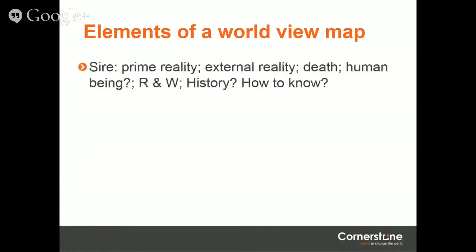Now, first of all, one of the first things you need to do when you tackle any reading in worldviews and particularly critical thinking is that you have to have some input to know what makes up a worldview.